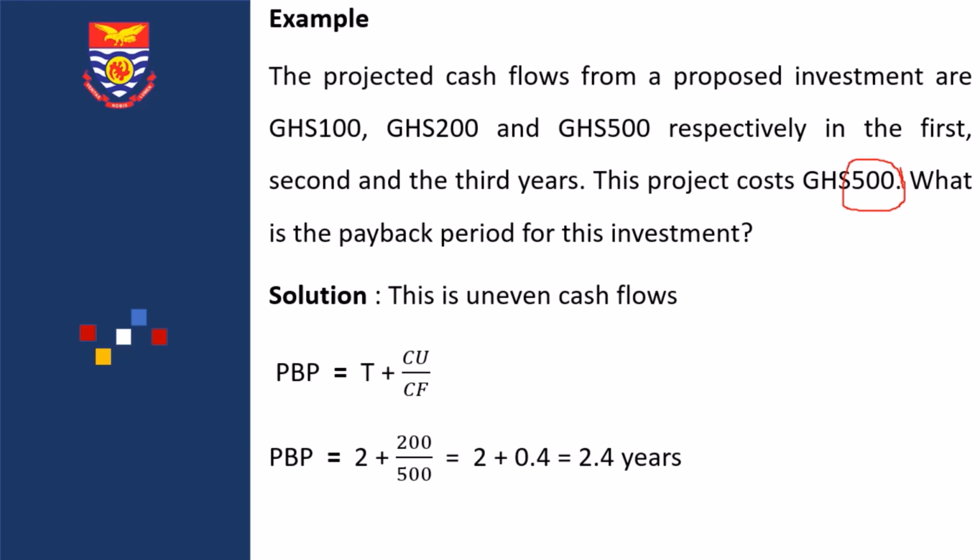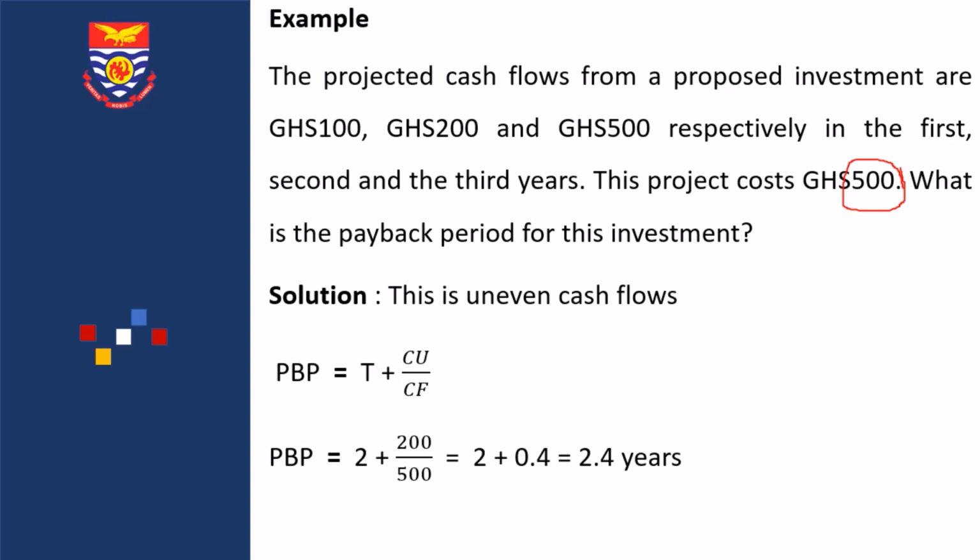So the year before the full recovery is year 2, because after year 2 we have 300, but we need some from year 3 to get exactly 500 Ghana cedis. So the year before full recovery is going to be 2 years, because of year 1 and 2.